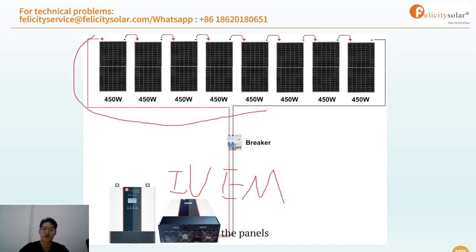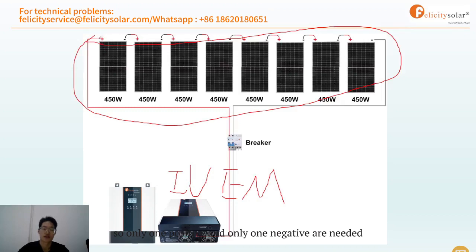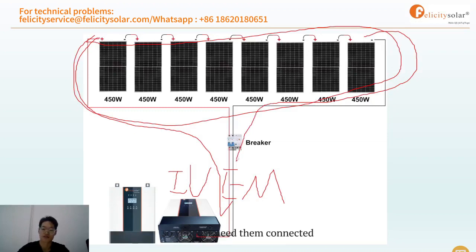All the panels are connected in series. So only one positive and only one negative are needed. You just need them connected, one positive and one negative. So the PV combiner box is not necessary.